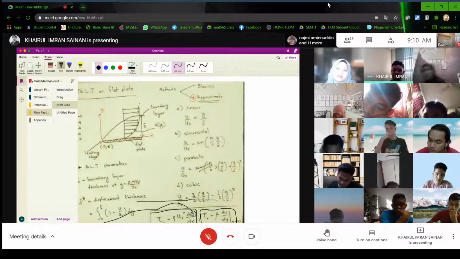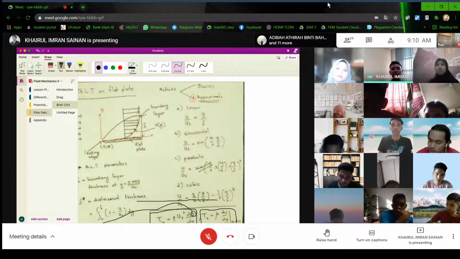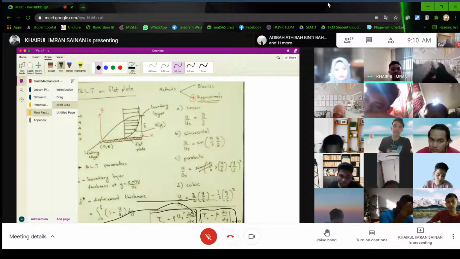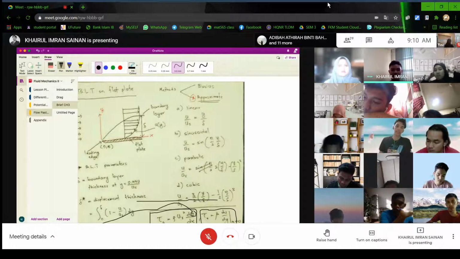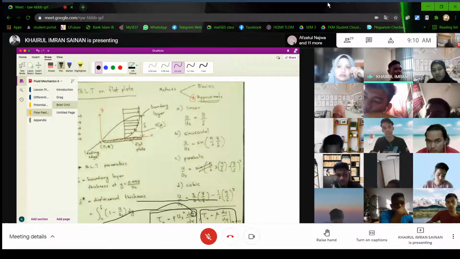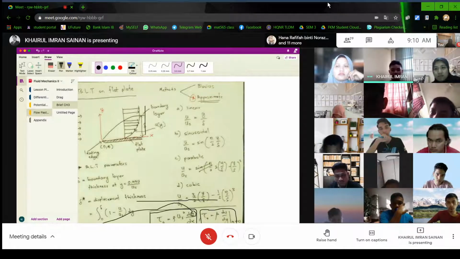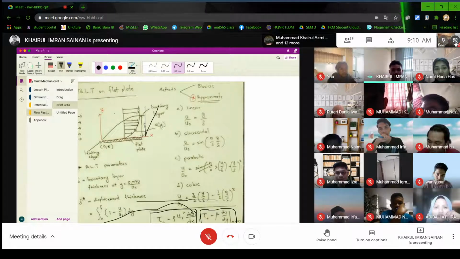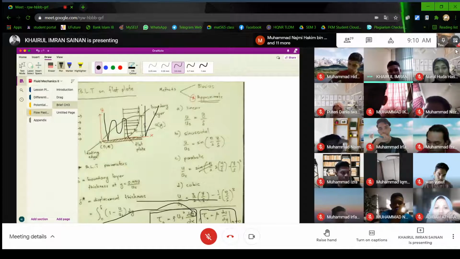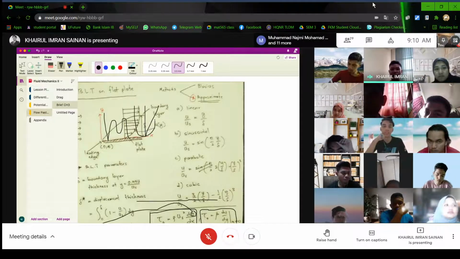So this profile, the one that I drew here, looks like this, but it's not always going to be like this. It can become linear, sinusoidal, or parabolic.